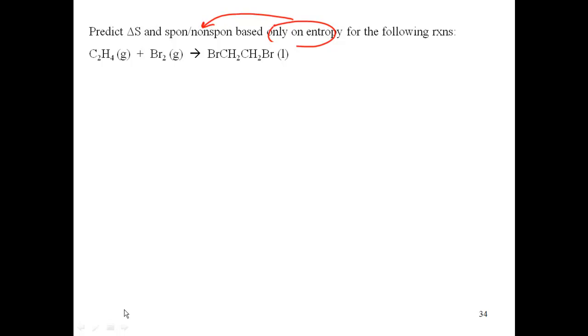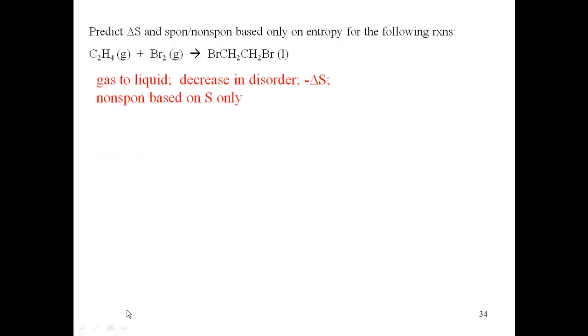So it's going from more disordered to less disorder, a decrease in disorder, and that favors a non-spontaneous reaction. So it's going from gases to a liquid, as well as from 2 moles to 1 mole. Therefore, it's a decrease in disorder, or negative delta S. Based solely on entropy, we say that it's a non-spontaneous reaction.